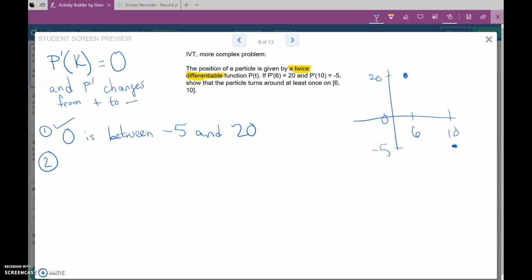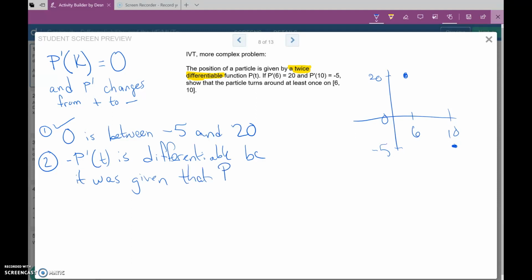So p prime is differentiable because it was given in the problem that p is twice differentiable.